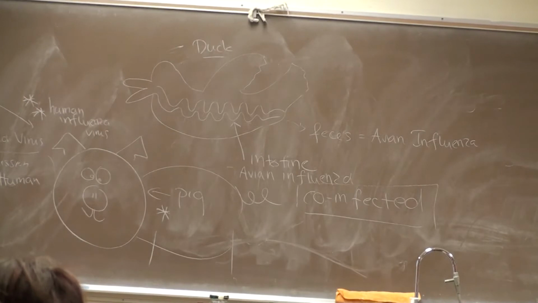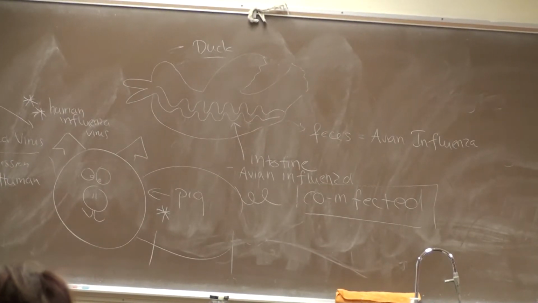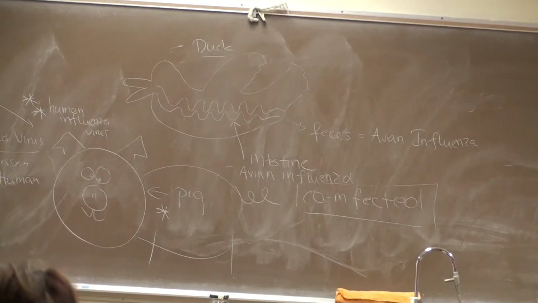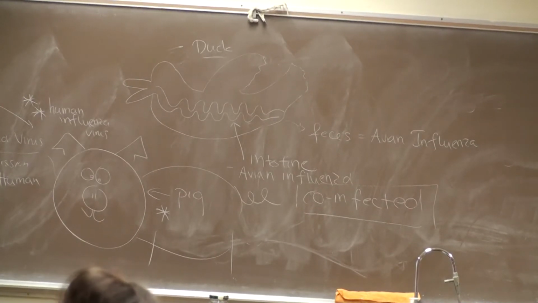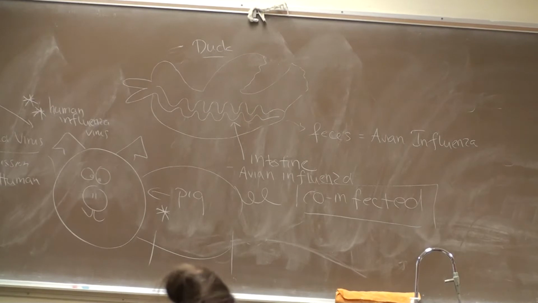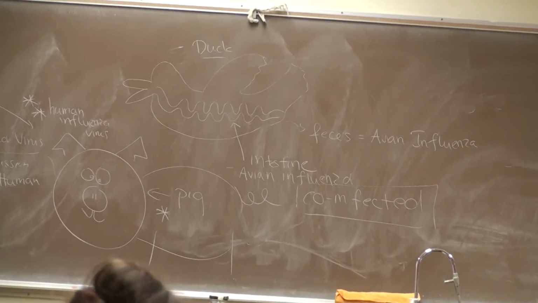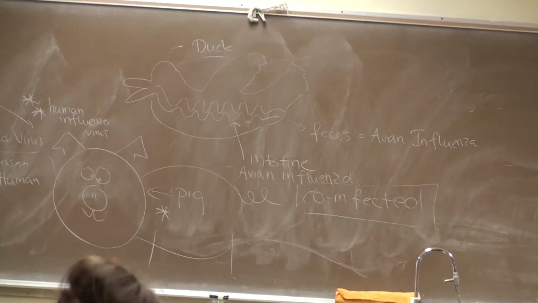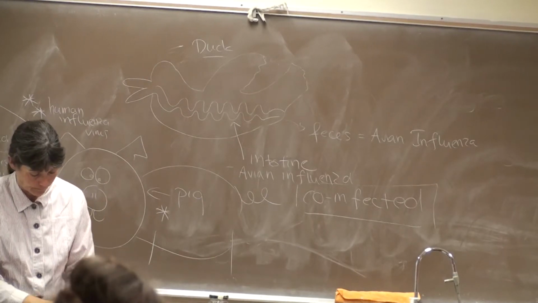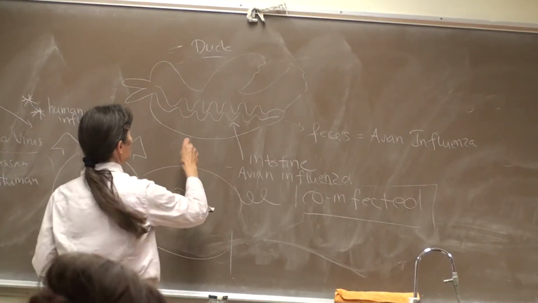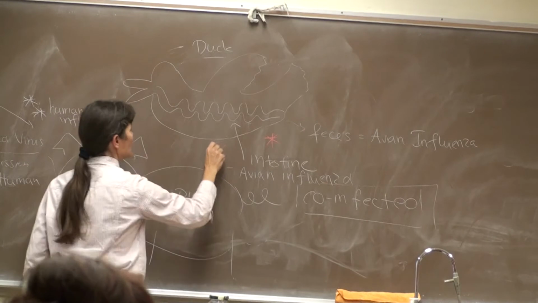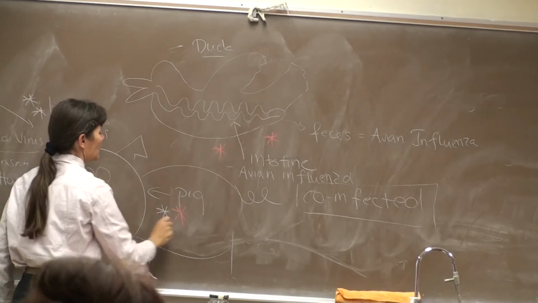And the ducks come along and sit in the feed trough of the pigs, eating the grain and pooping in the grain at the same time. So when the pigs go and eat, they're creating these little fecal aerosols, and they're inhaling the avian influenza as well. So let's put that the avian influenza can infect the pig as well.